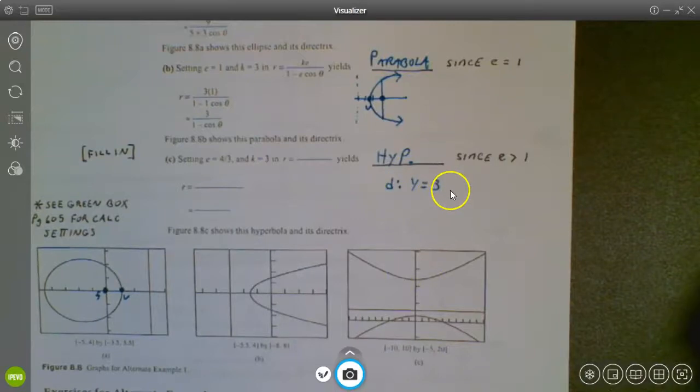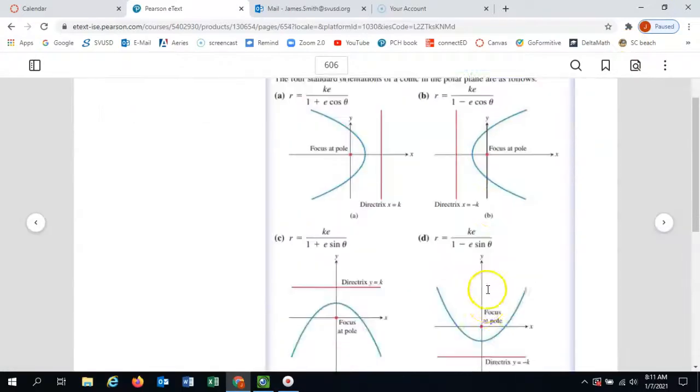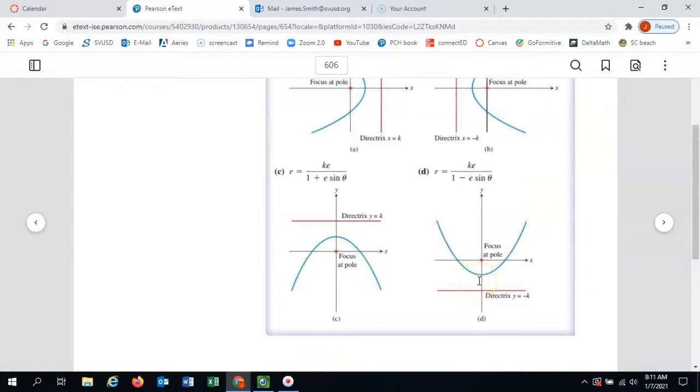So keep this in mind, y equals 3. So if I look back at our formulas page, because y equals 3, +3, I know I'm going to use this formula right here. So we got the KE over 1 plus E sine theta.